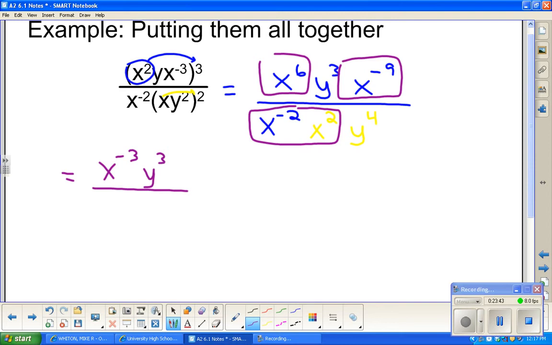Now in the denominator, negative 2 plus 2, that's a 0. It's x to the 0. X to the 0 is just like having a 1 there, so it basically doesn't do anything. It's just like 1 times y to the 4th. It's just y to the 4th down there. You could put the 1, but if you multiply something by 1, it doesn't do anything, right?